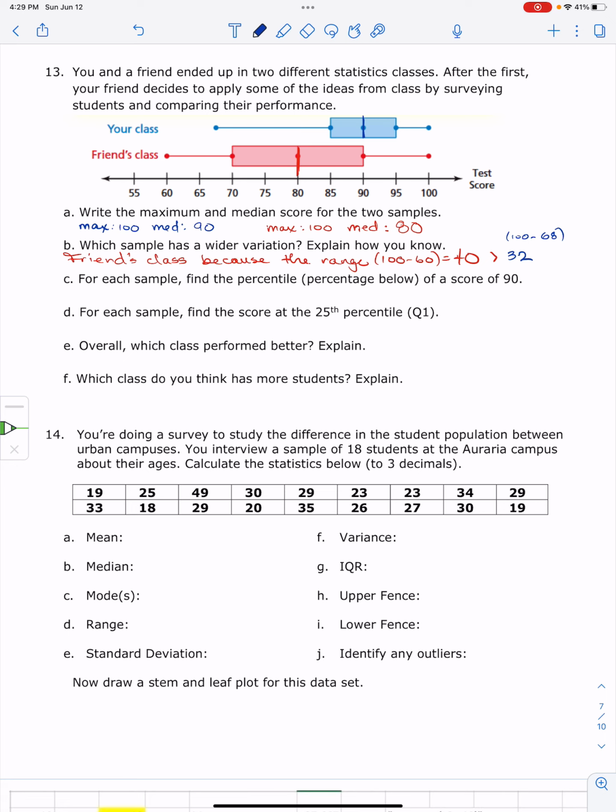C, for each sample, find the percentile, which is the percentage below a score of 90. So for your class, the 90 is on the median. So 50% below, the 50th percentile.